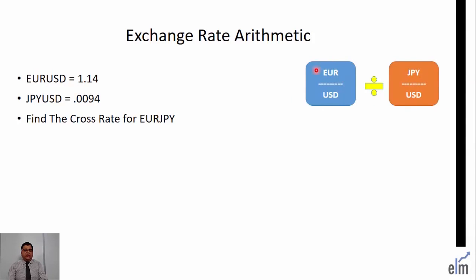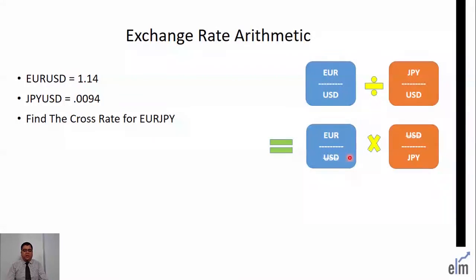So I can write Euro USD as Euro by USD and JPY USD as JPY by USD. However, in both cases, the denominator is USD. So we cannot cancel it out. Therefore, instead of multiplying like we did in the previous sum, we will divide the pairs over here. So that will give us Euro by USD multiplied by USD by JPY, which is the reverse of this. Now I can conveniently cancel out USD, right?